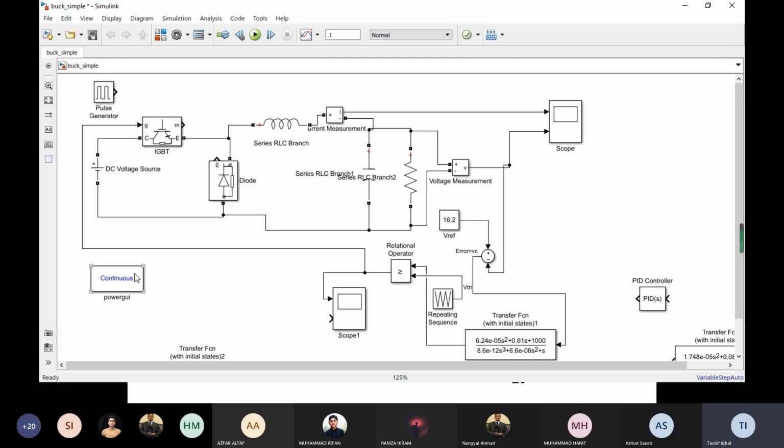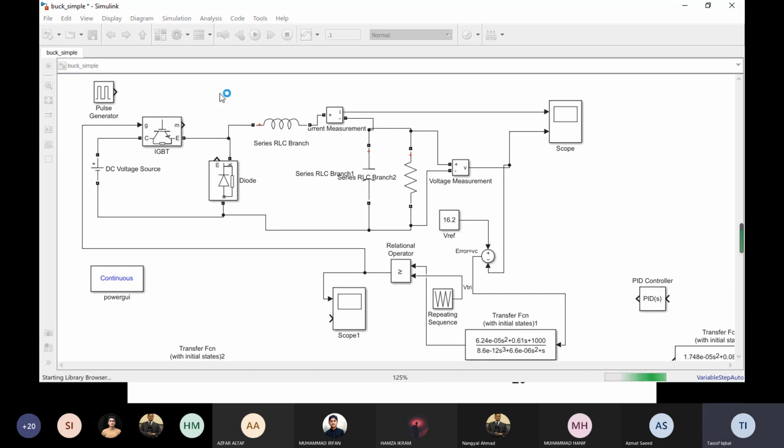This block is not connected to anywhere, but it is essential because it contains the definition for all the power blocks. Therefore, this block must be inserted so that the simulation runs successfully. Then from the library of Simulink, we can find all the required components.